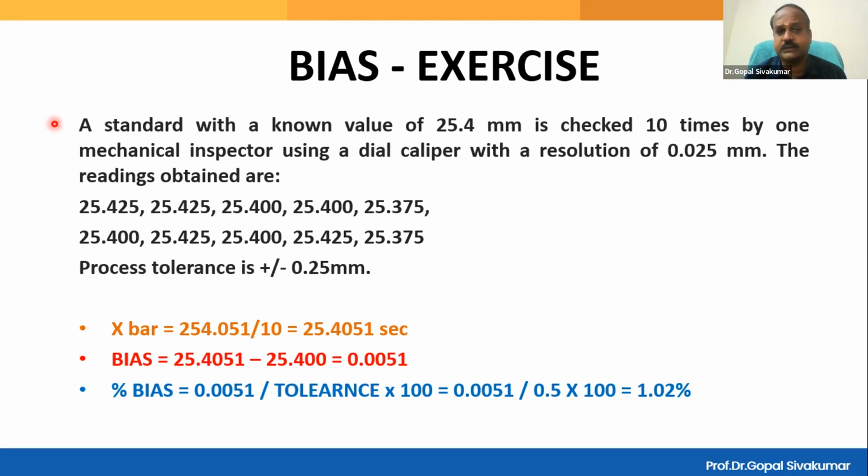General practice is calibration, frequency of calibration, and proper way of keeping up the equipment. All these things can minimize bias. Another way you can minimize bias is taking multiple measurements.